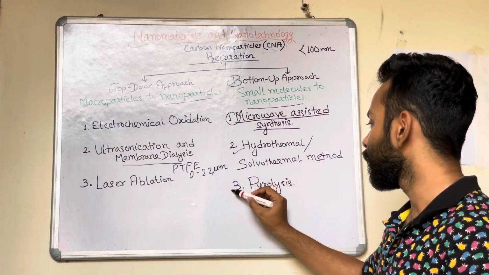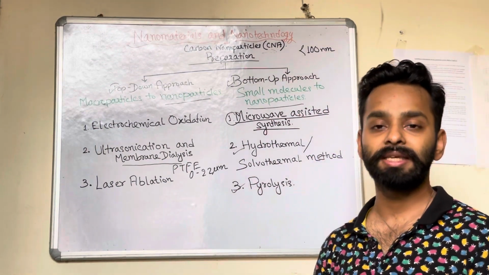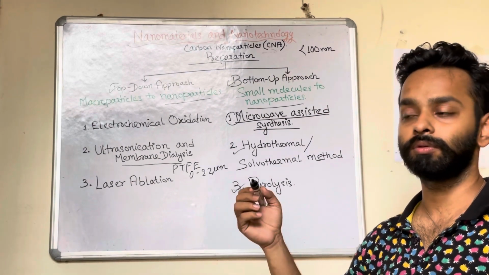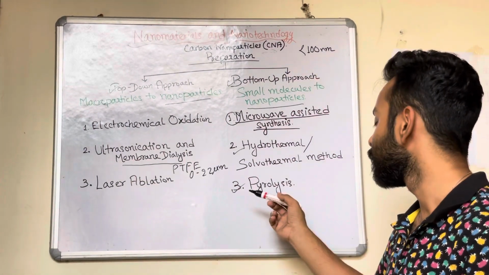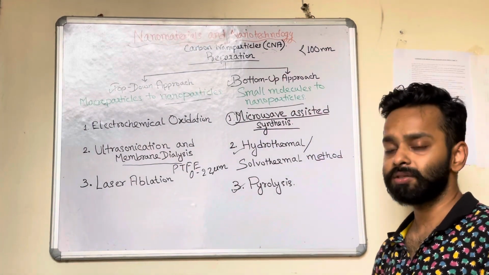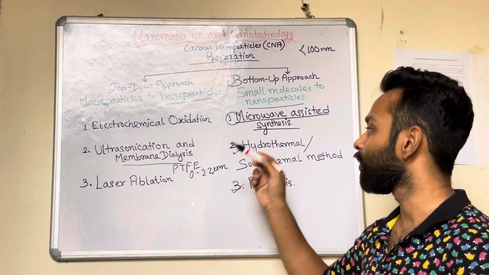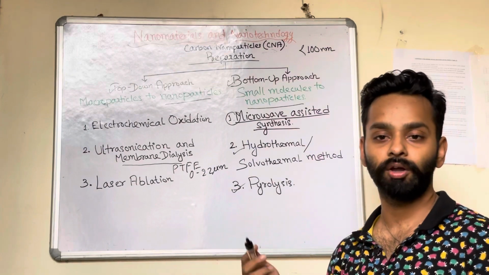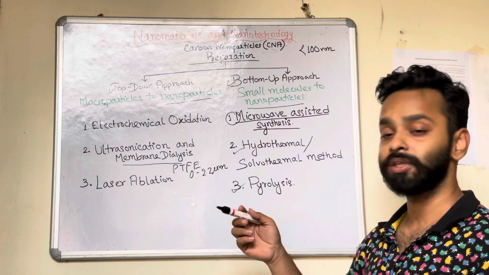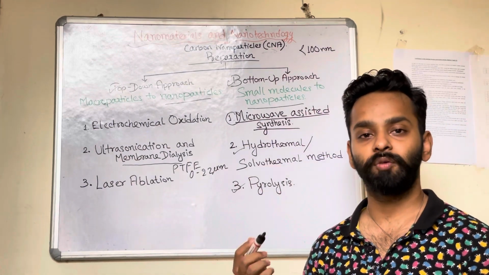Finally, coming to pyrolysis, which is also a high temperature treatment where the source material is heated at very high temperatures to undergo oxidation, to give the carbon nanoparticles. Based on a particular application, and also based on the source material we are trying to use for the preparation of these carbon nanoparticles, these different synthesis strategies can be adopted.